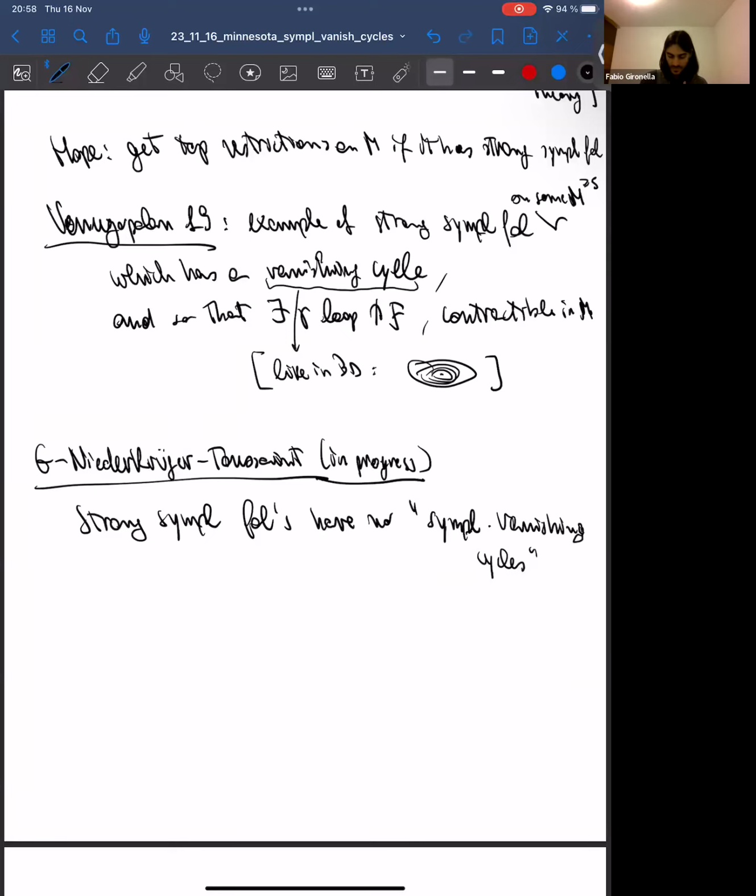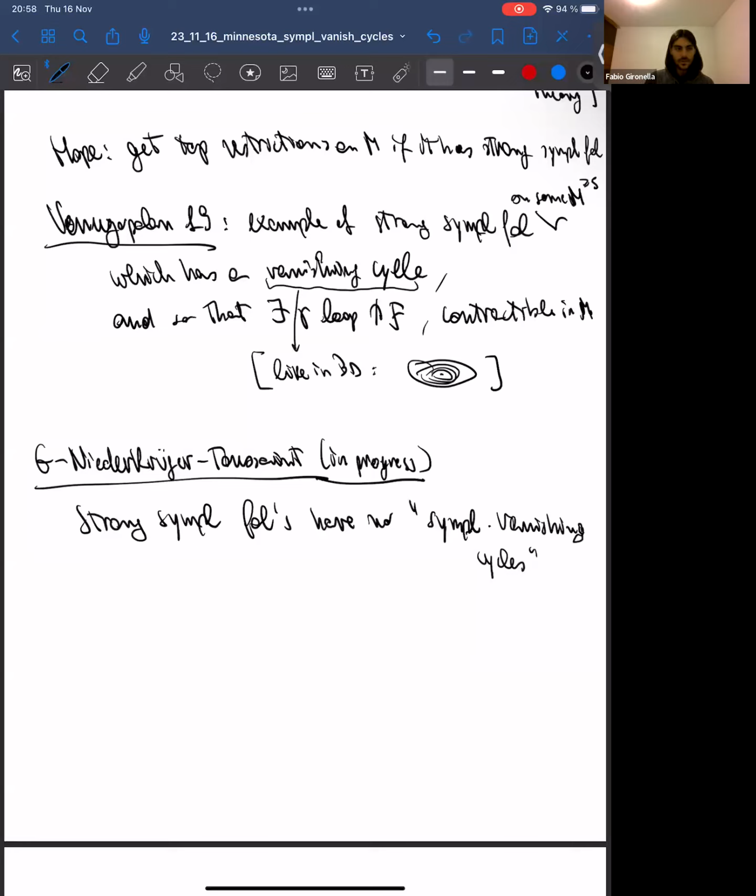One comment is that we are not at the level of giving topological restrictions on M. But as you will see in a second, this fact suggests that one might be able to find topological restrictions on M, not at the pi 1 level, but maybe at the pi n level, or on homology classes of degree n.